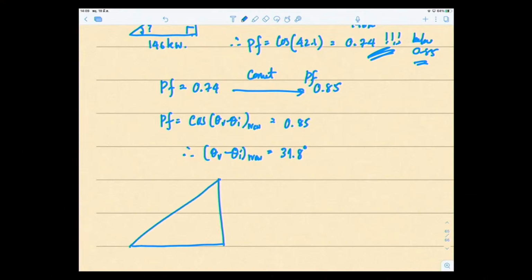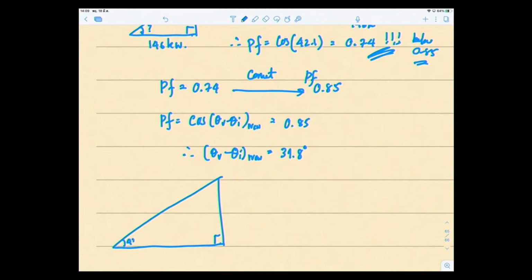So back to the power triangle again. Please understand how your power triangle works. This is θV minus θI. This is before, the original one with PF of 0.74.